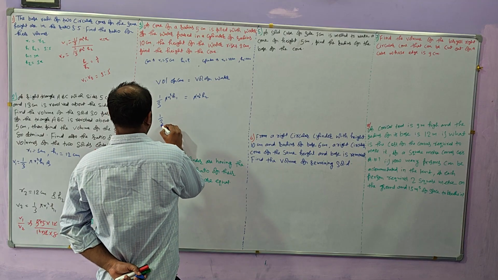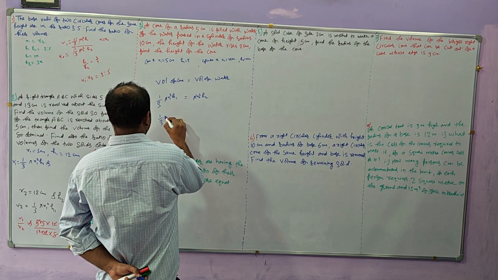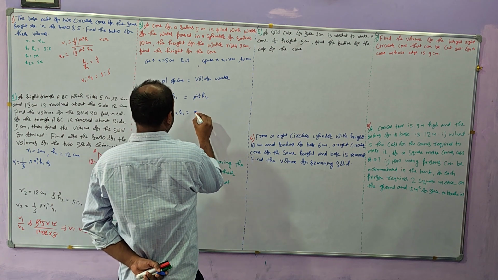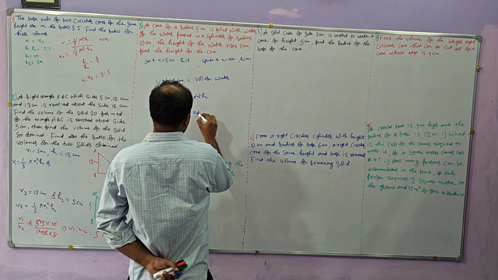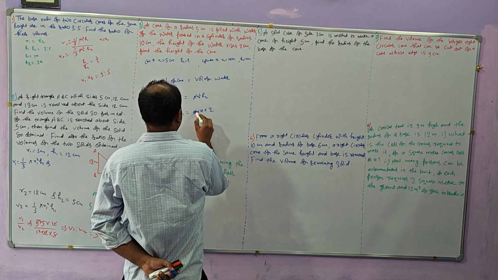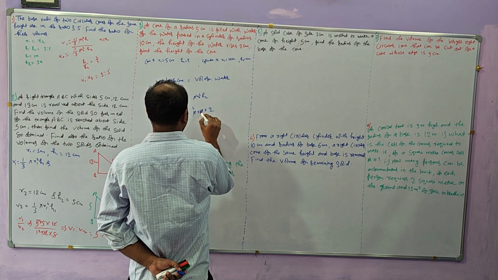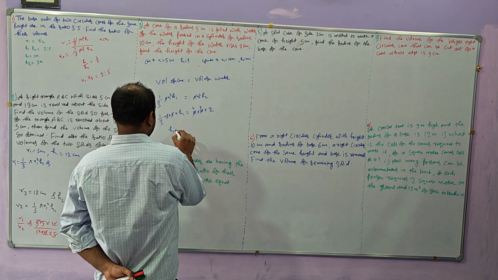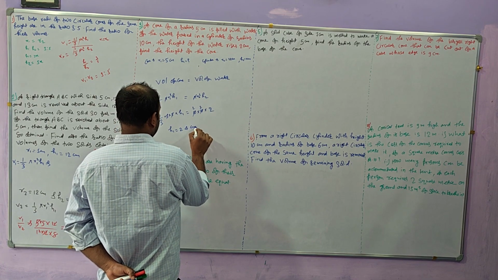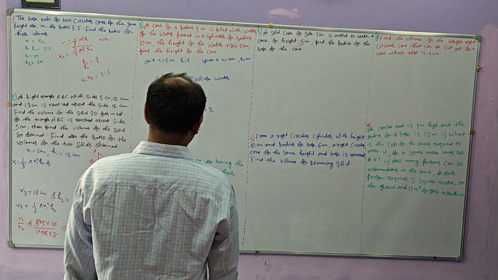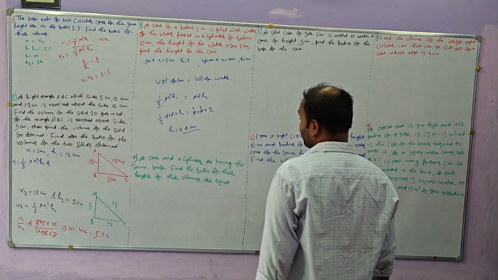So 1 upon 3, R1 is basically 5 into 5, H1 we need to find out, R2 is basically 10 into 10 and H2 is 2, and we cancel this. So H1 becomes 24 centimeter. So the height of the cone is 24 centimeter.